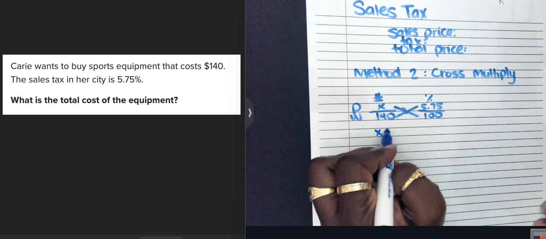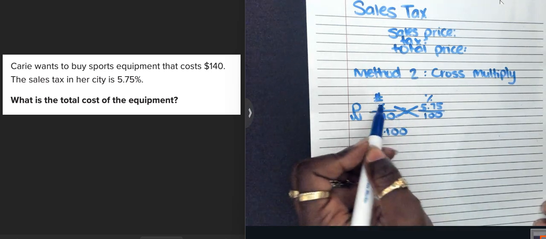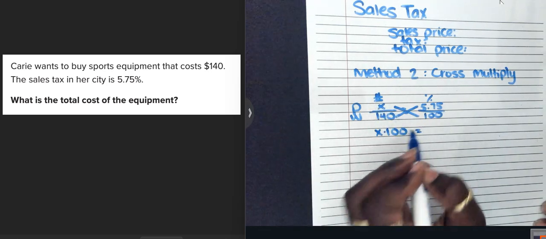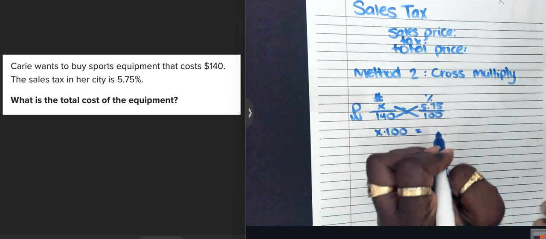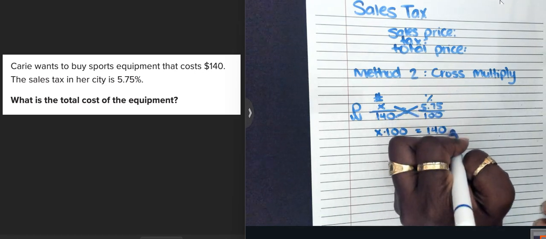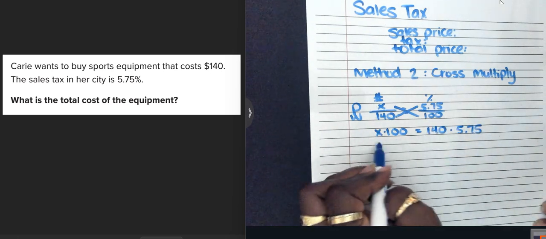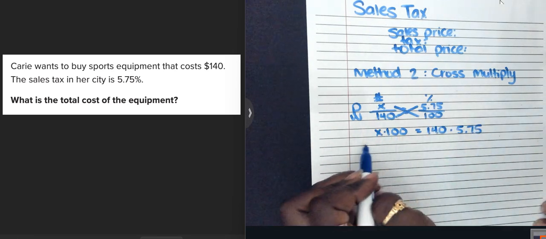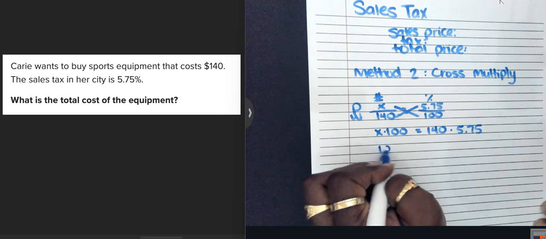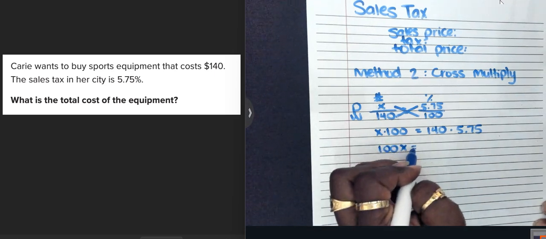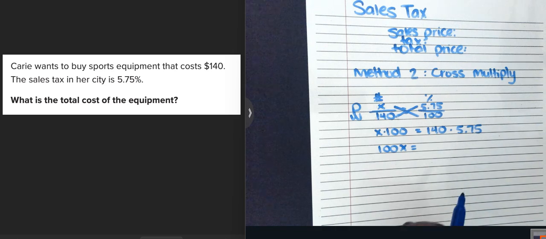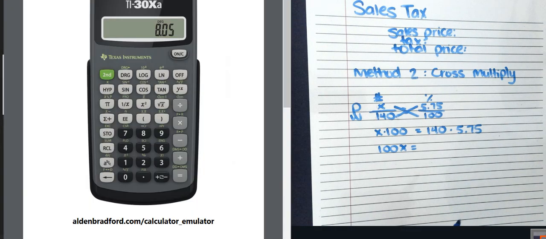So it's X times 100, if I'm just showing exactly what's here, and that is going to be equal to the opposite side, which is going to be 140 times 5.75. Okay, now I'm going to rewrite this so that it's in the order with the coefficient being listed first. So it's going to be 100x is equal to 140 times 5.75. So let's see what we get with that. So I'll clear out my calculator.